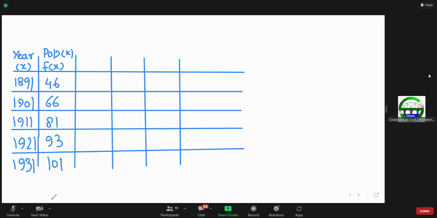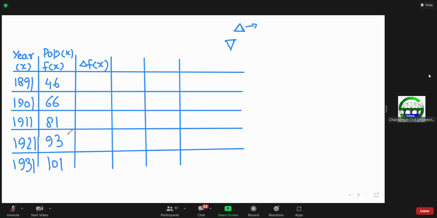Right, so here there are two operators we will use. This one we call delta, or the forward operator, and this one we call nabla, or the backward operator. First we will find del f of x.